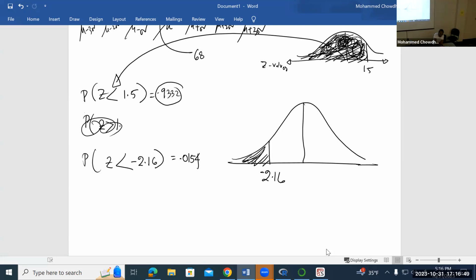Can you please find these two probabilities by using Python? How can you find Python code to find normal probability? Did you find it?